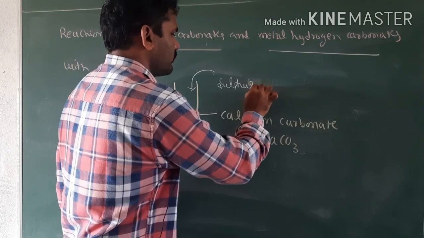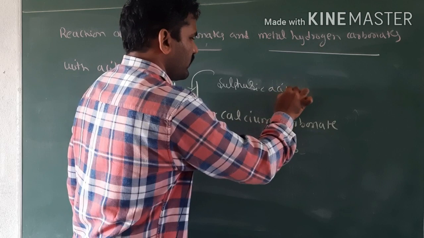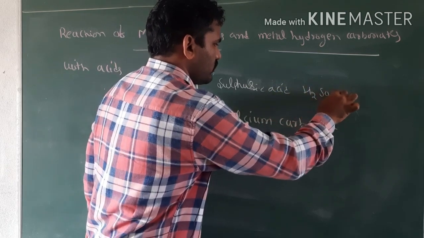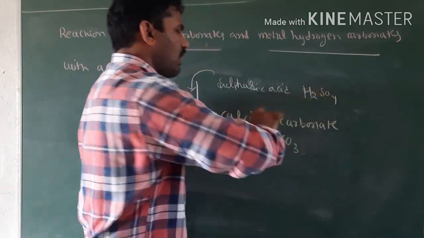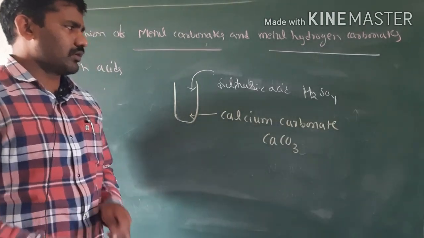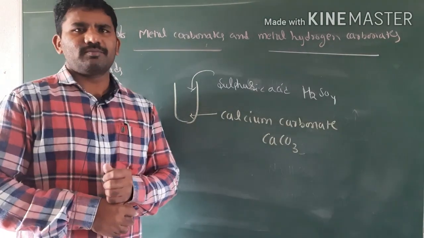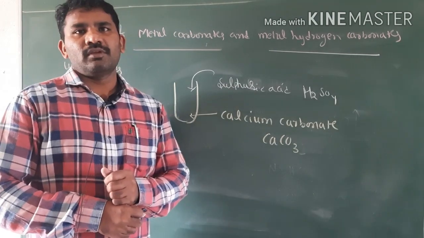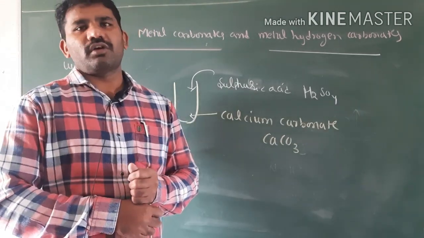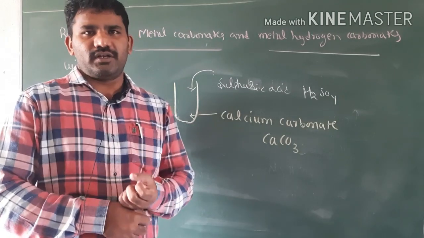Sulfuric acid formula is H2SO4. When you add dilute sulfuric acid to calcium carbonate, immediately effervescence will be coming out of it. A gas will be released.